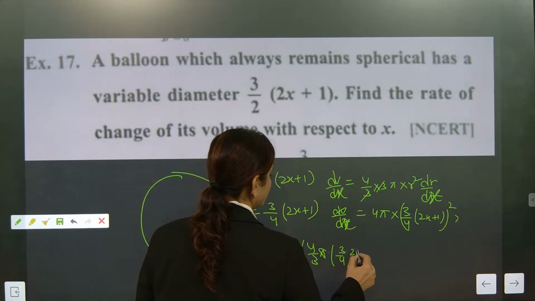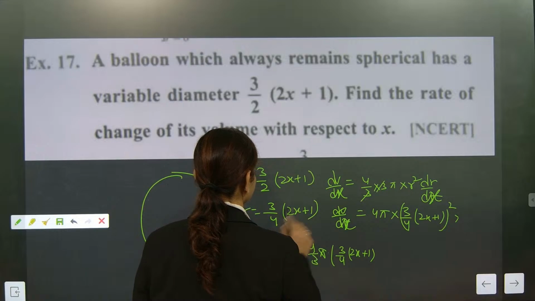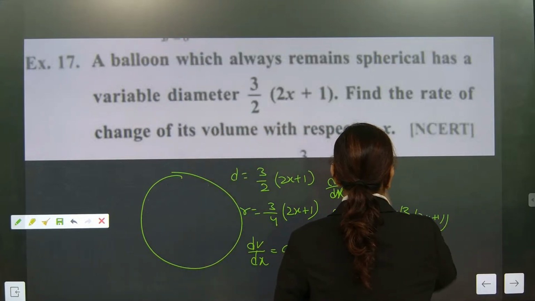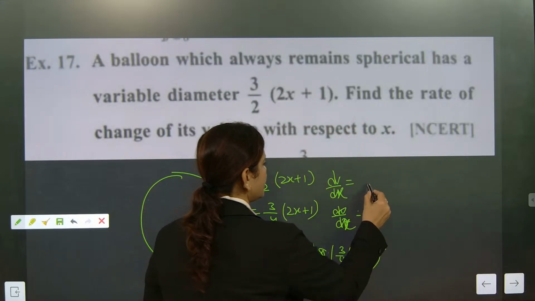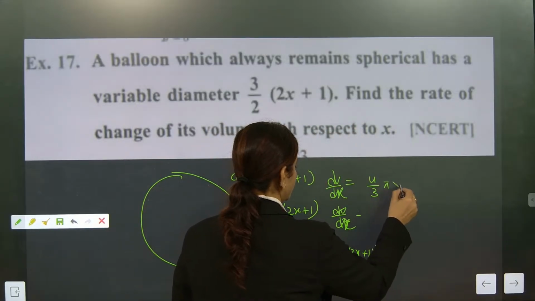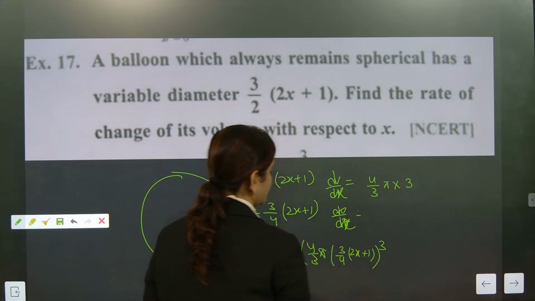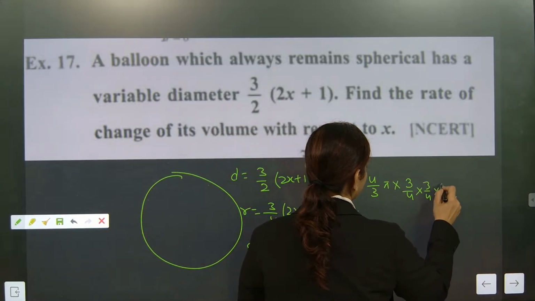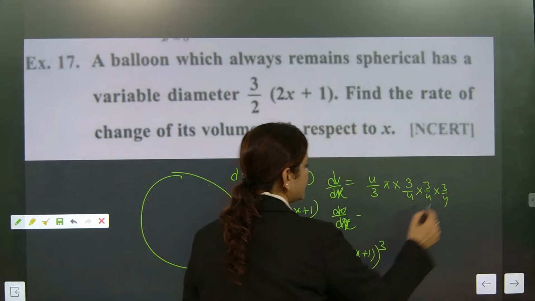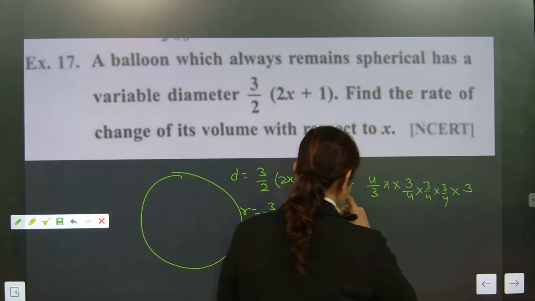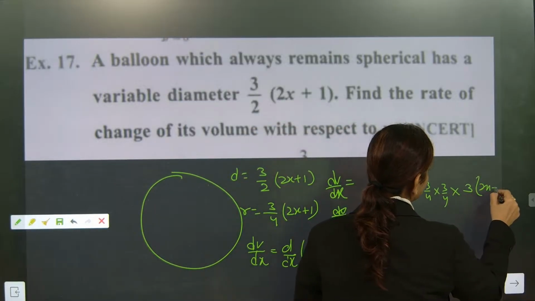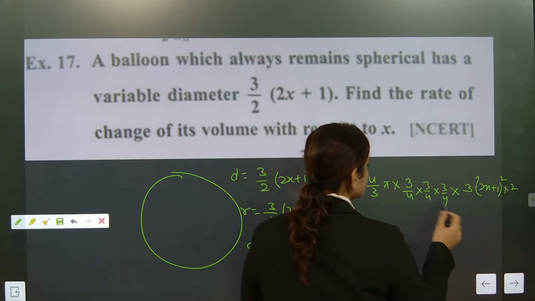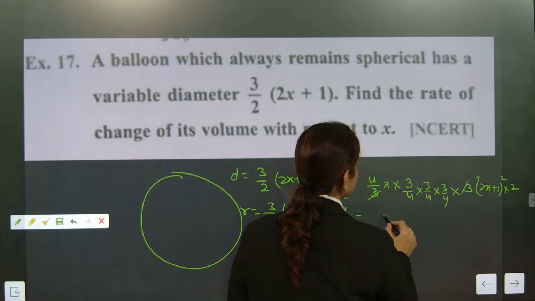So 3 by 4 (2x plus 1) whole cube will be there. So this part will become 4 by 3 pi into 3, and 3 by 4 cubed will come out. Now here it will become into 3 (2x plus 1) whole square into 2. So this 3 and this 3 will get cancelled.